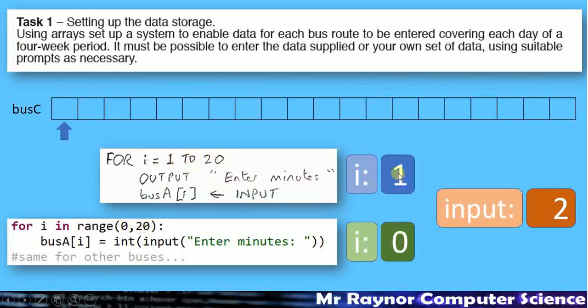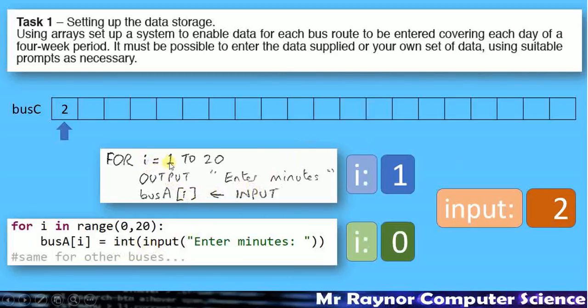Just for comparison, I've put in the number here of the index that we're looking at. So if the user inputs the number 2 in the first instance, with this input command here, or the Python equivalent int input, what I can do in the pseudocode is use an arrow, which helps you understand that we're directly inserting it into index I of the array.